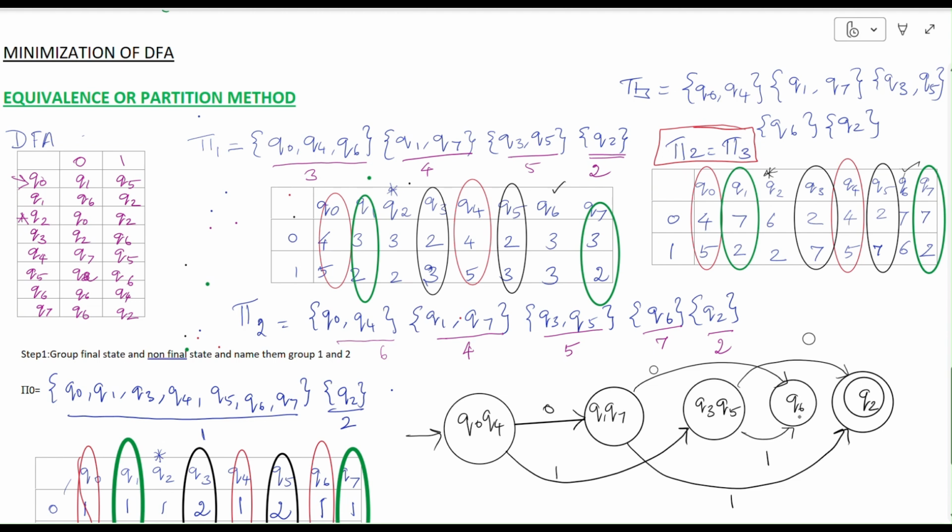And Q6 on receiving 0 goes to 7, and on 1 it goes to 6. What is 7? 7 is Q6. So it goes to itself. And on receiving 1 it goes to group 6. Group 6 is Q0, Q4.